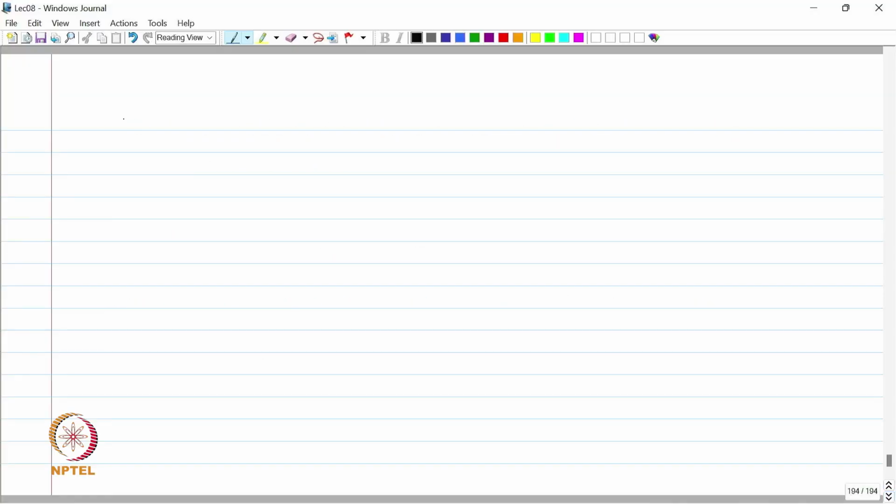Next, design calculations for fin arrays. So for example, we have a heat sink.